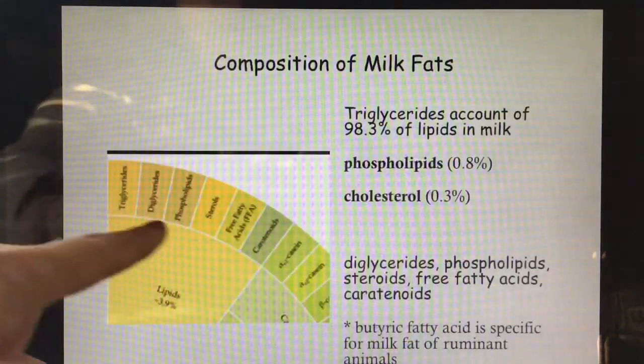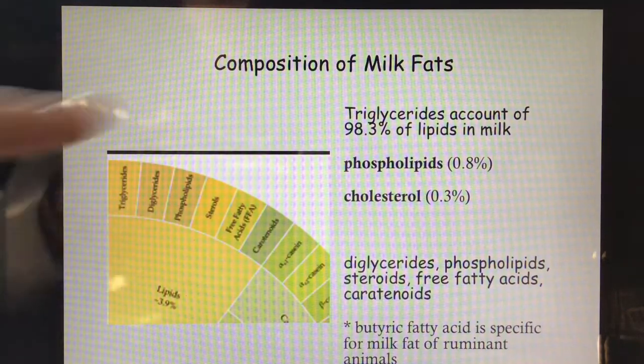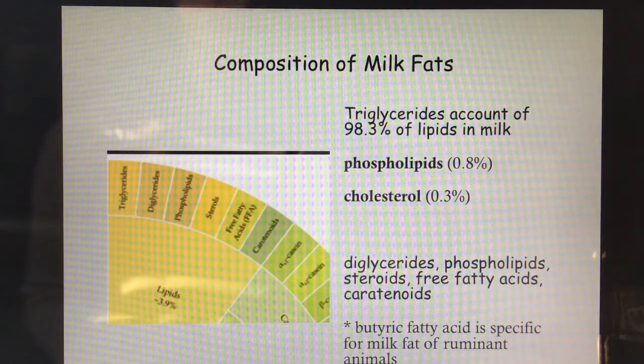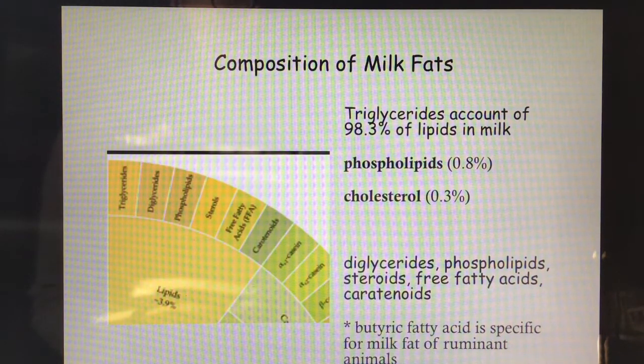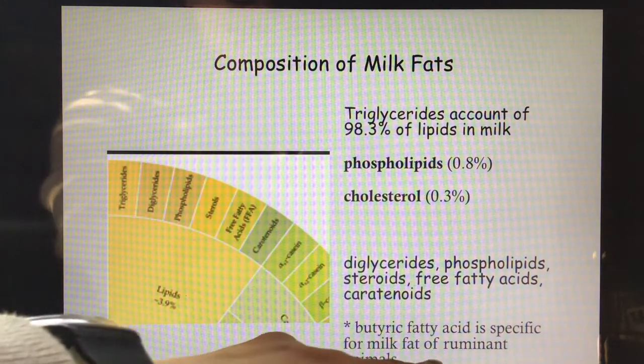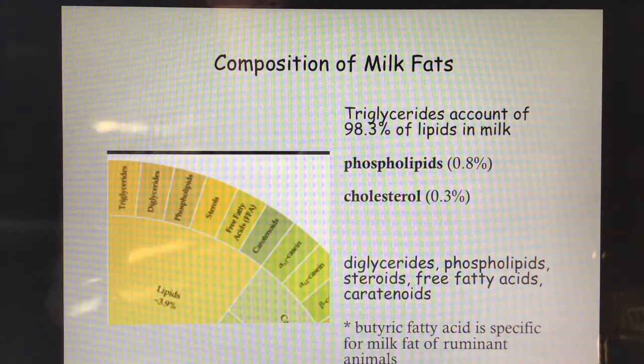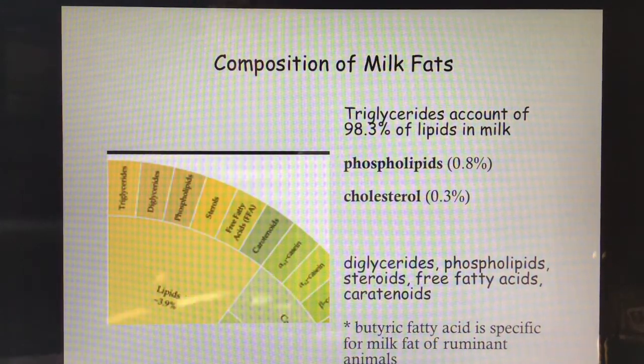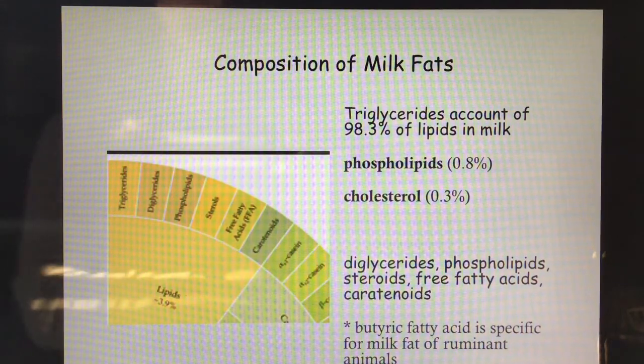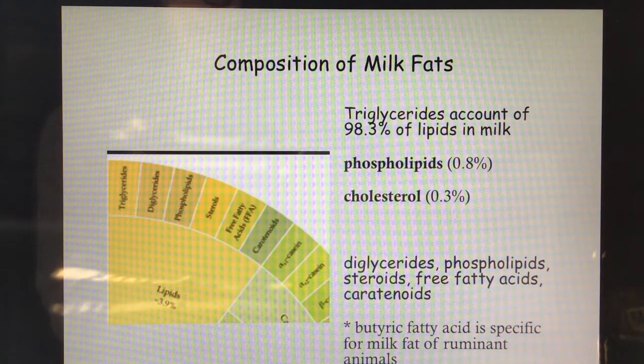We can go in closer and we see that triglycerides account for 98.3% of lipids in milk. We also have phospholipids and cholesterol, and butyric acid is specific for milk fat. Okay, there's also stearic acid and different types of fatty acids that are there.